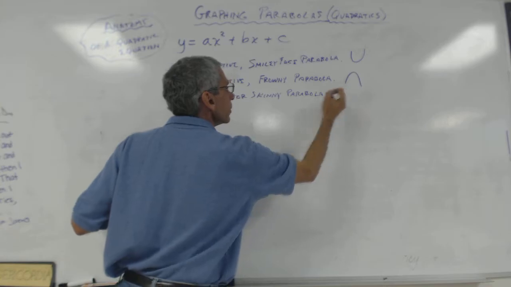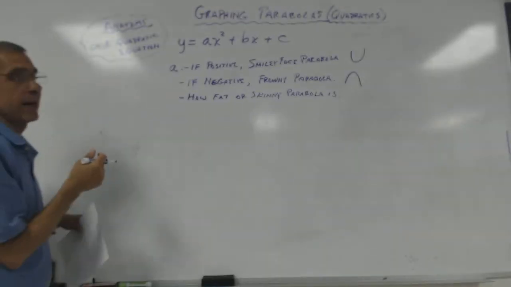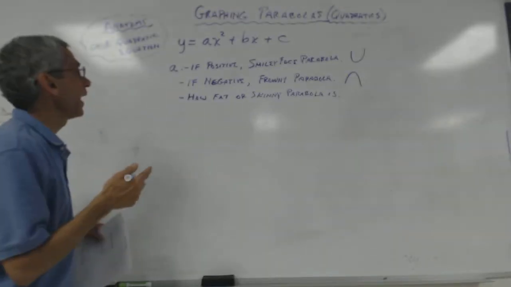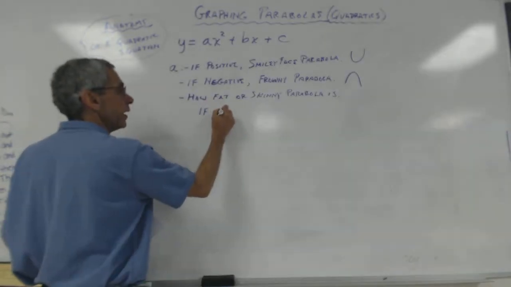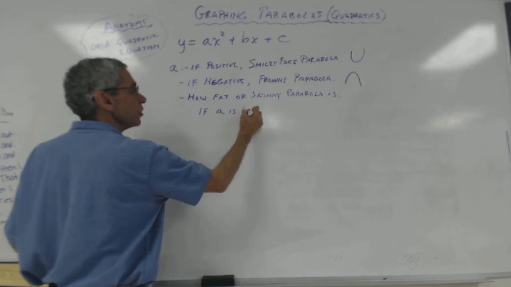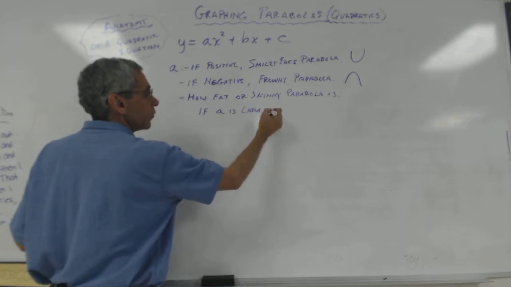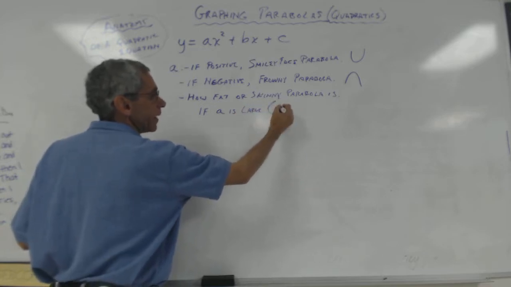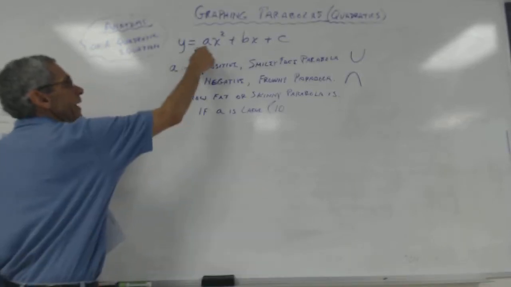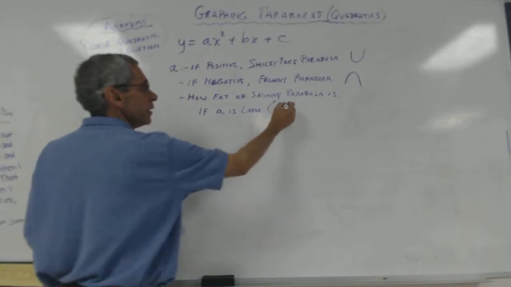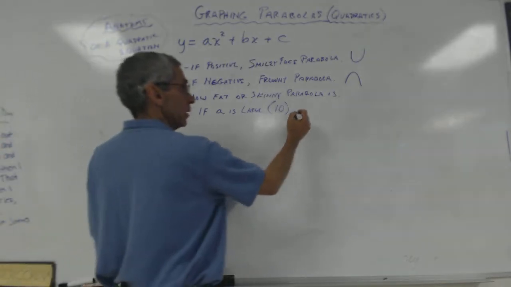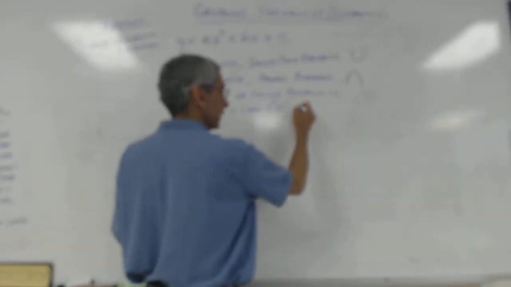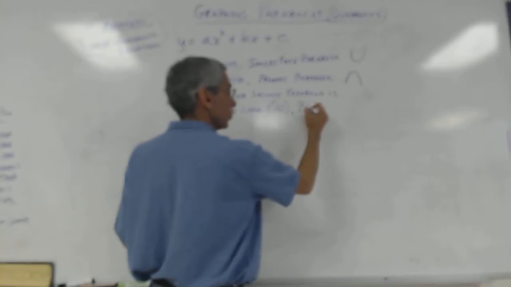For example, if A is large, like 10x squared, or 20 or 100, the parabola will be skinny.